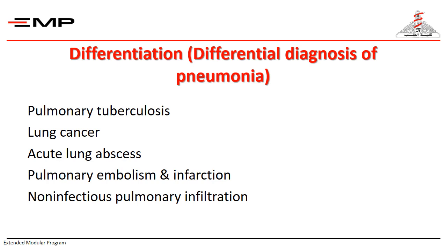So we have several differential diagnoses of pneumonia, and we should differentiate pneumonia from other causes. Differential diagnosis of pneumonia may be pulmonary tuberculosis, lung cancer, acute lung abscess, pulmonary embolism and infarction, and finally non-infectious pulmonary infiltrations, as we mentioned in cases of pneumonitis or inflammation of pneumonia.